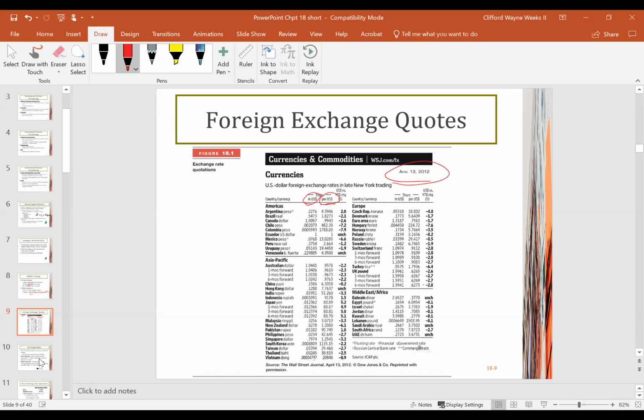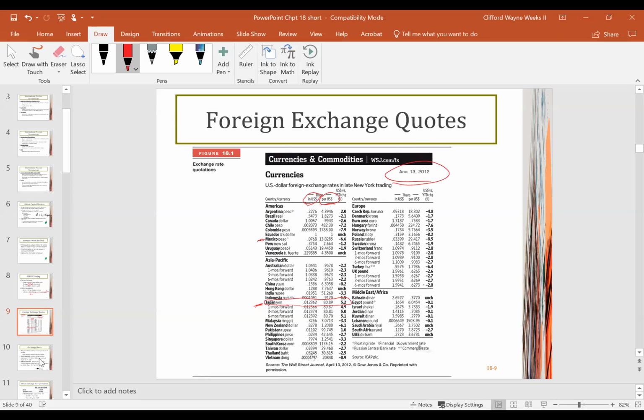Here's the Mexican peso, and somewhere here is the Japanese yen. It has what's referred to as the spot rate, and we'll talk about this later, but it also has the forward rates.